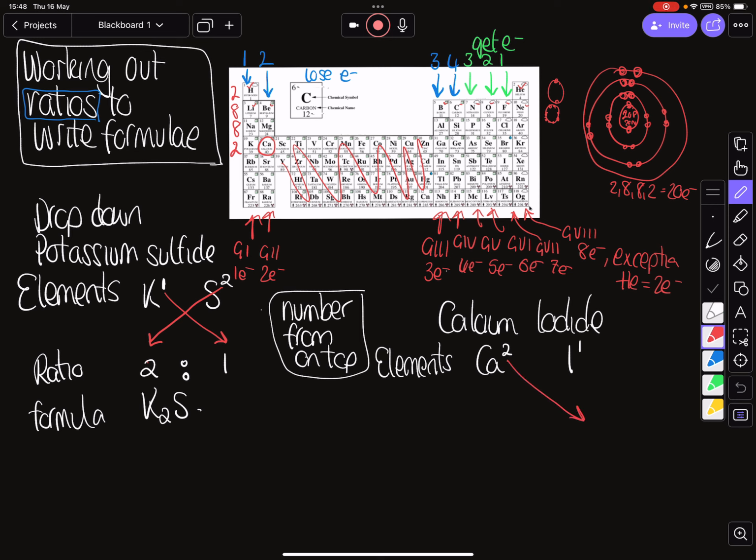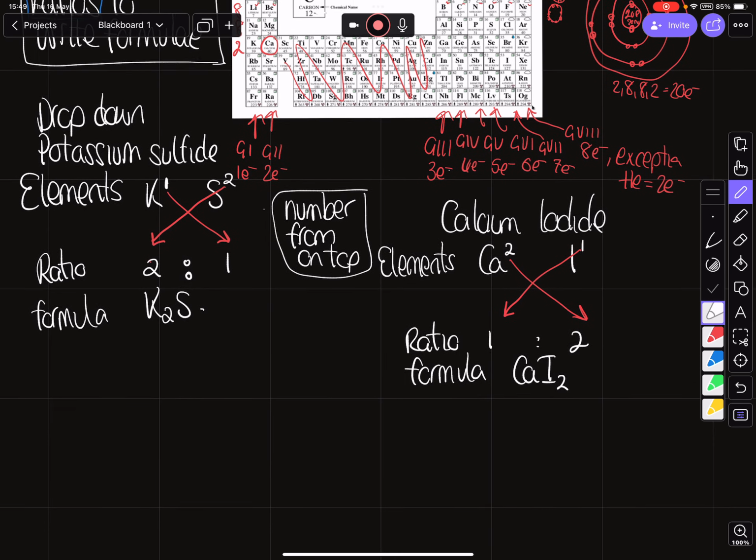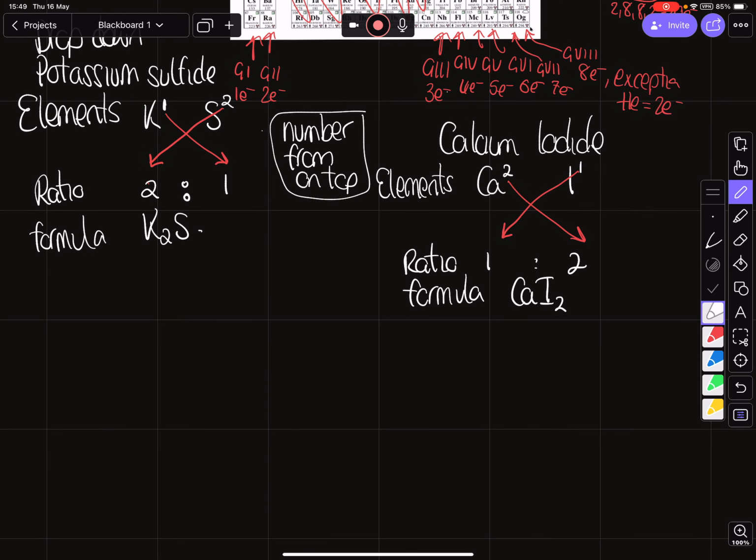We do our crossover, so we are going to have 1:2, and that is our ratio. So now when we write our formula again, it is going to be Ca, we don't write the 1, I2. Try 2 more and then we will give it a go, or leave it there.